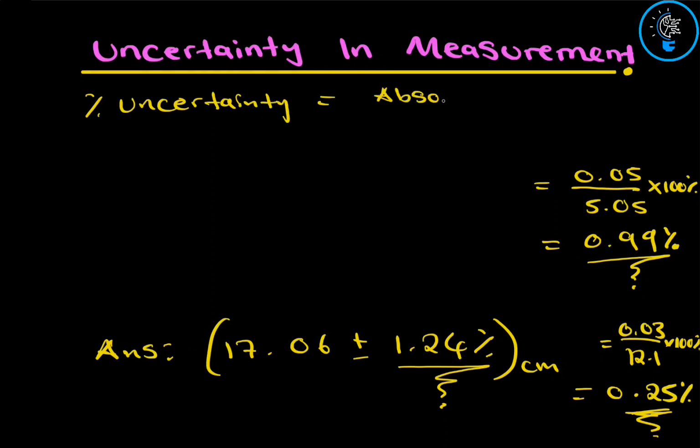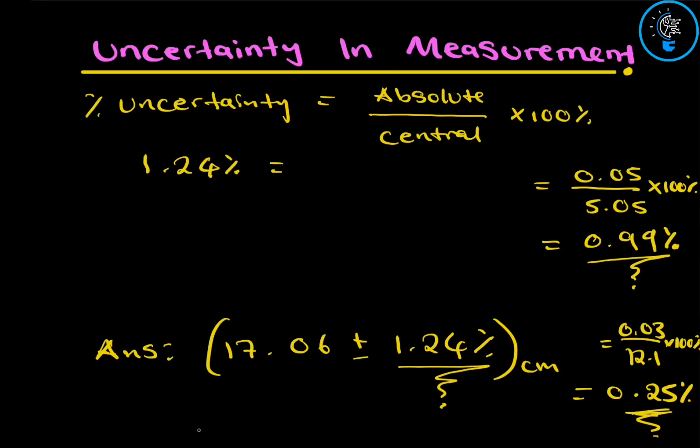It's absolute uncertainty over central value times 100%. So in this case, we have the percentage uncertainty, which is 1.24% equals, the absolute is what we want. So we want to find the absolute uncertainty. Then the central, we have it, it's 17.06 times 100%.